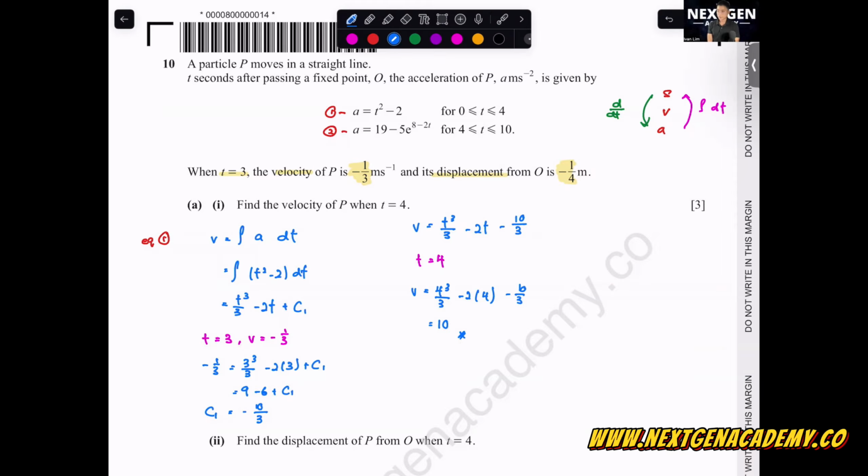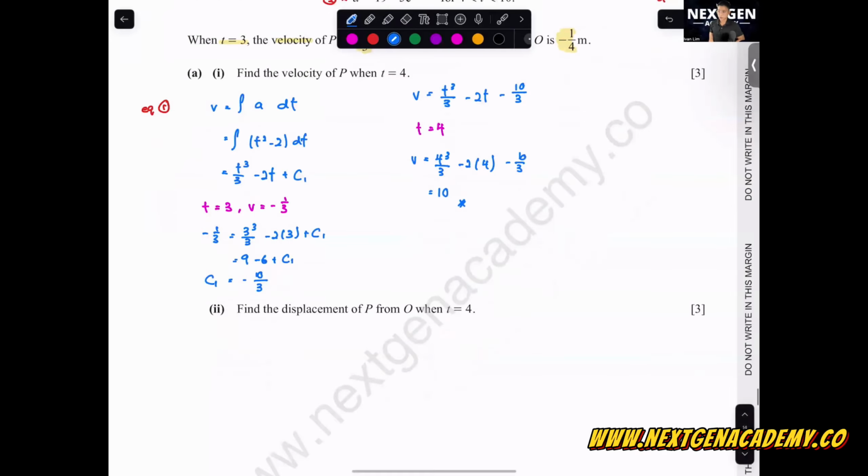Okay, the next one, find the displacement. Displacement means you're going to integrate the v value. So v just now we got was t cubed over 3 minus 2t minus 10 over 3. Let's integrate this one. Integrate t cubed over 3.